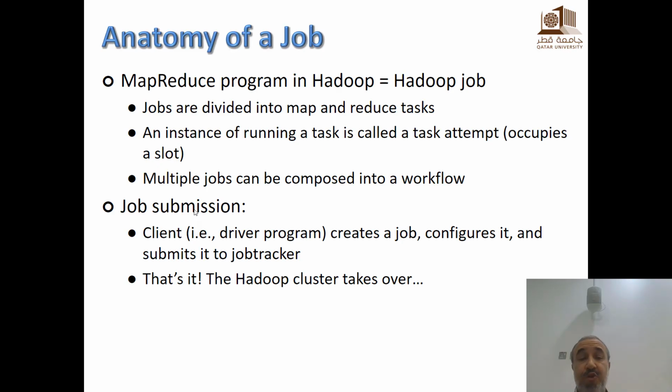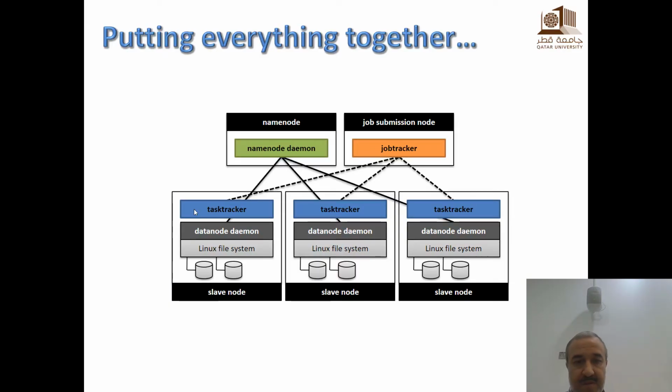Now let's talk about Hadoop job. So a MapReduce program in Hadoop is called a Hadoop job. The job itself will be automatically divided into map and reduce tasks. Each task is assigned to one of the task trackers. Remember here, each task will be assigned to one node, either here or here or here.